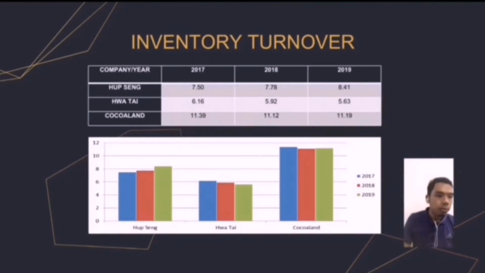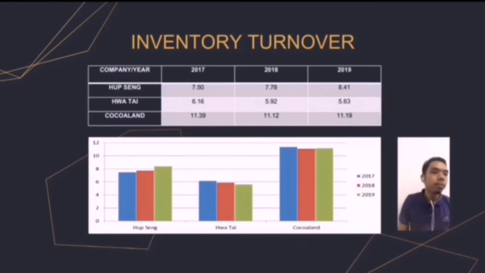In the graph, the inventory turnover ratio for Cocoland shows a better number than the other two companies. It shows that the inventory turnover is fluctuating year by year, from 11.339 in 2017, 11.12 in 2018, and 11.19 in 2019.